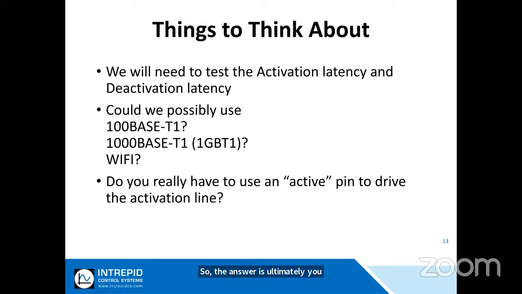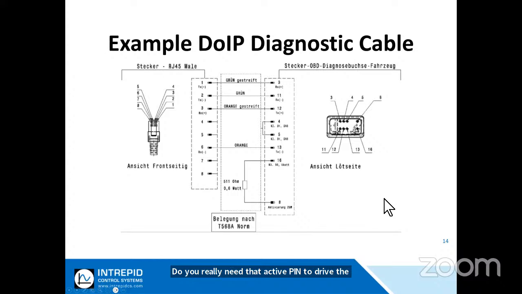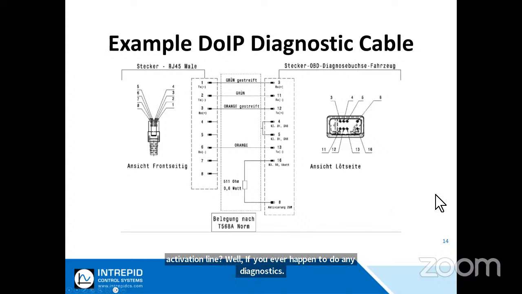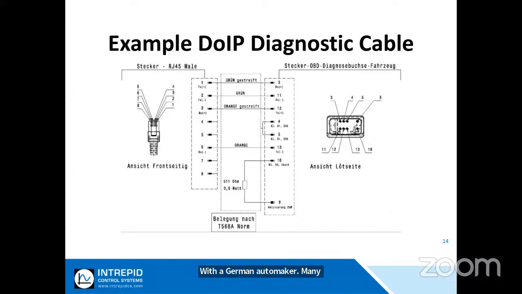The other thing I'd like you to think about is, do you really need that active pin to drive the activation line? Well, if you ever happen to do any diagnostics with a German automaker, many of them already have DoIP or something like that built in and have for many years. And all they really do is exactly what this diagnostic cable is.